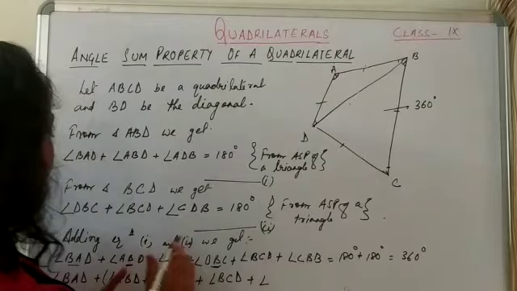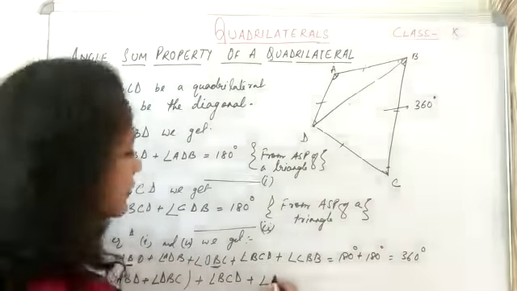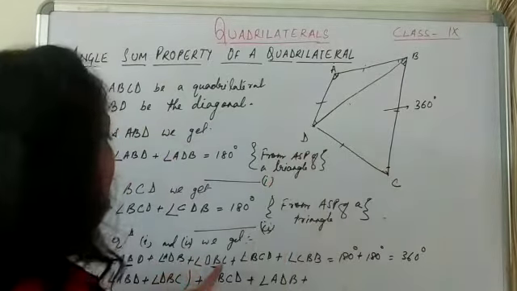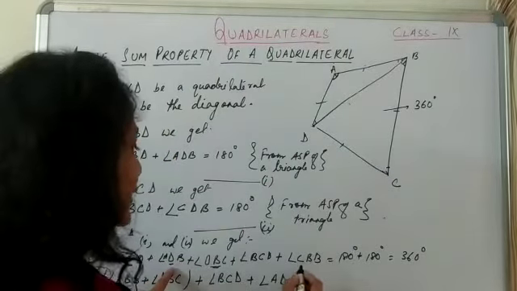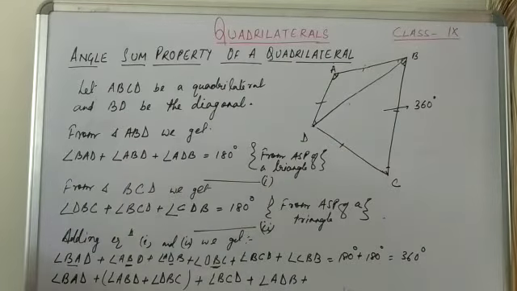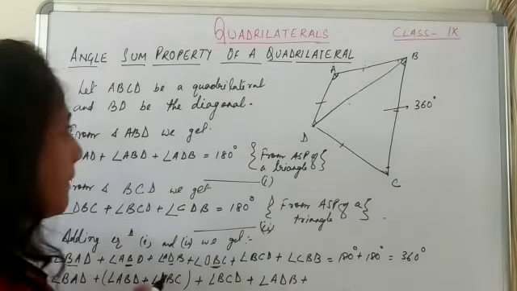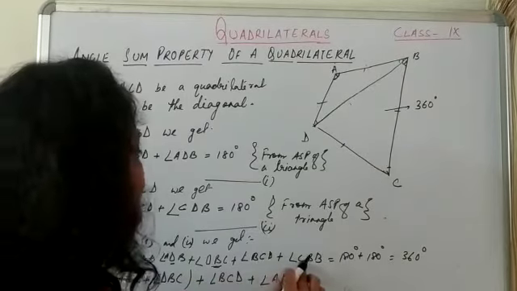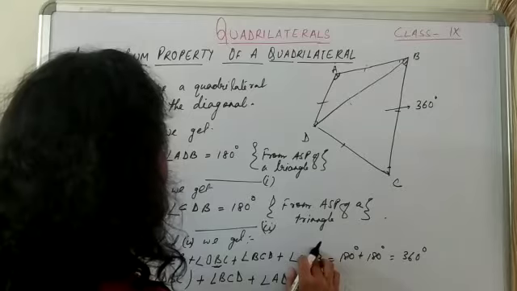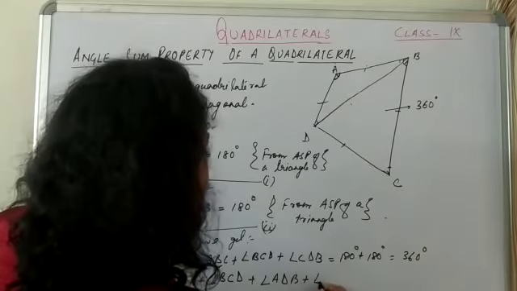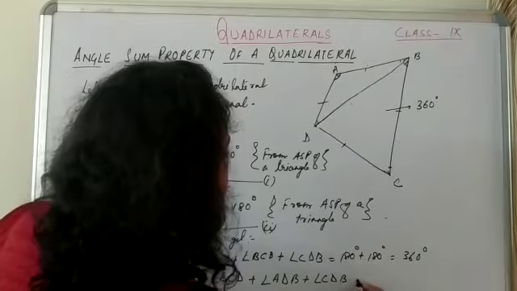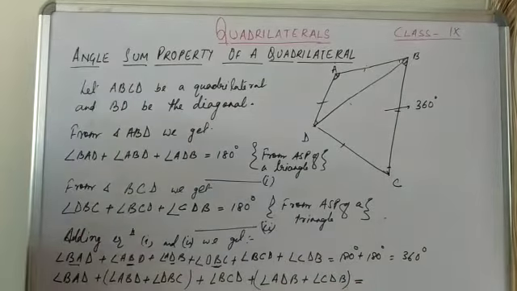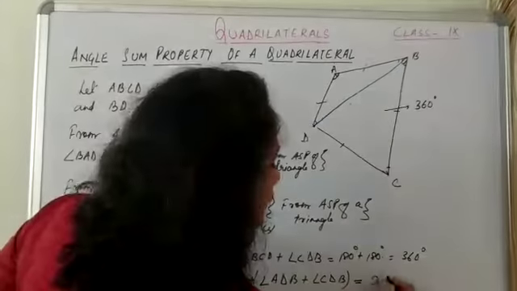Now what about angle ADB? You can combine angle ADB with CDB. This will be 360 degrees.